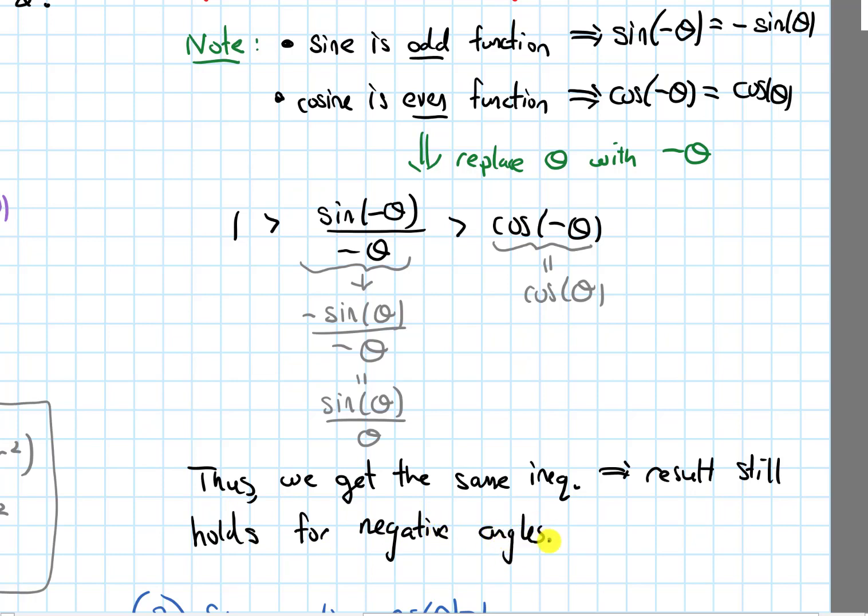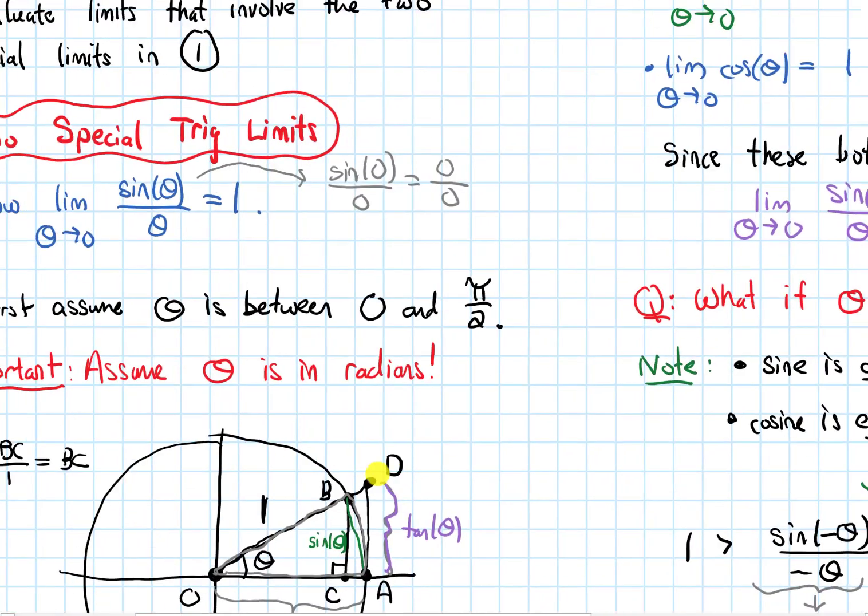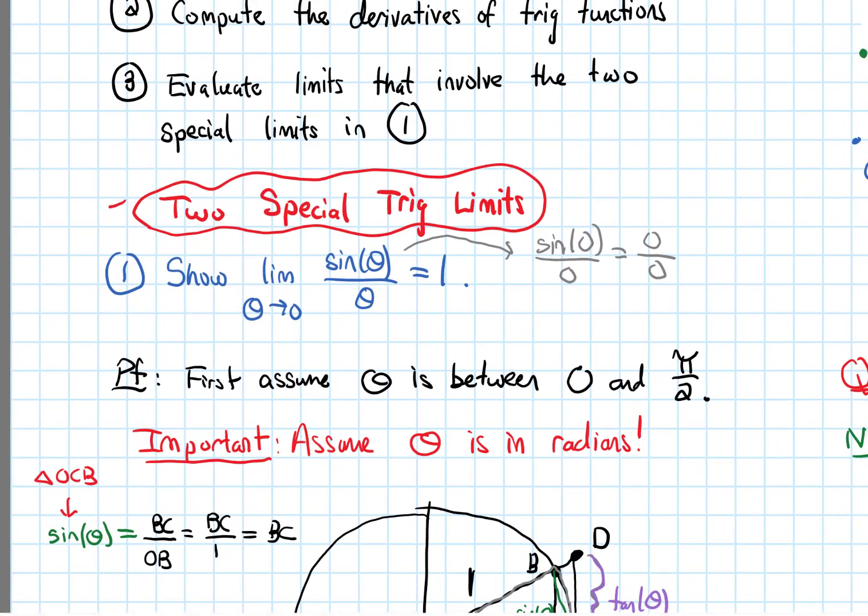And that completes the proof. So I'm going to write my symbol for done with proof. I'll write the square and I'll shade it in. But we've just proved this special limit. The limit as theta goes to 0 of sine of theta over theta equals 1.